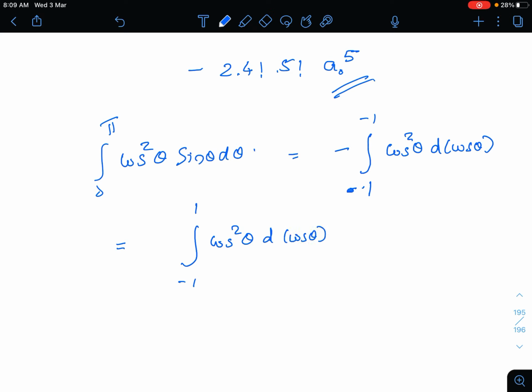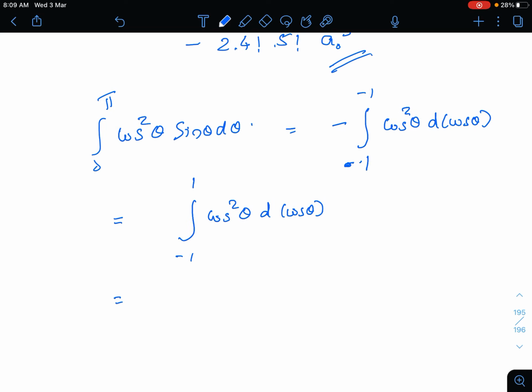So this is going to be cos cube theta divided by 3, integral minus 1 to plus 1.